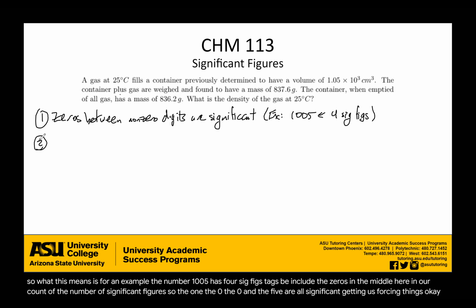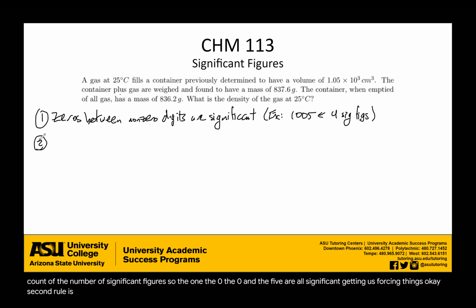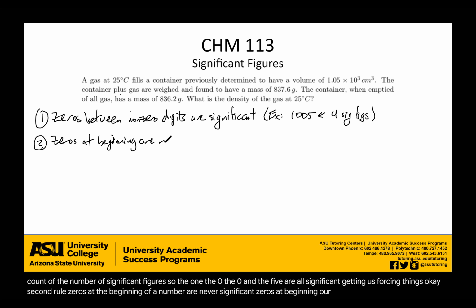Second rule. Zeros at the beginning of a number are never significant.